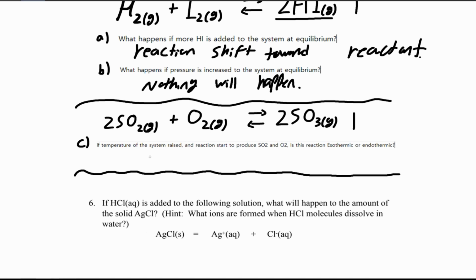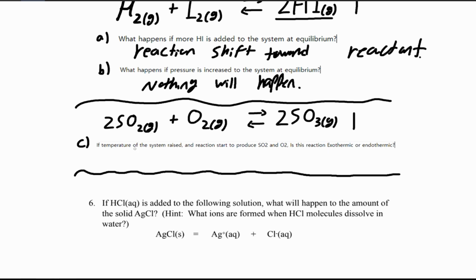So let's look at the next question. The question is the reaction between 2 SO2 and 1 oxygen gas, and it produces 2 SO3 gas. And the question asks, if the temperature of the system is raised and the reaction starts to produce SO2 and O2, is this reaction exothermic or endothermic? So the concept you need to know is by figuring out whether heat is a product or reactant.